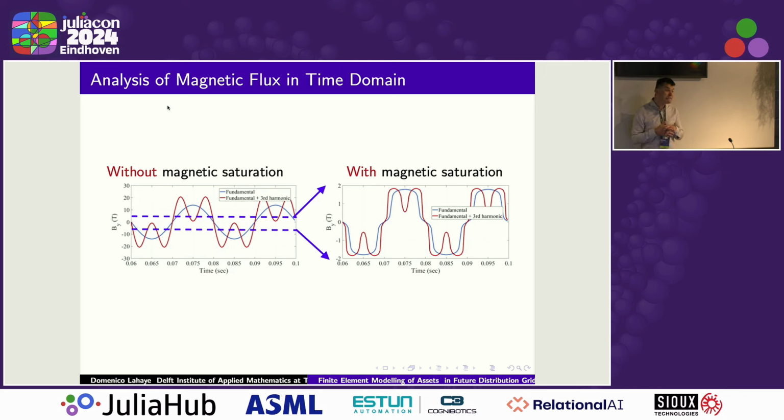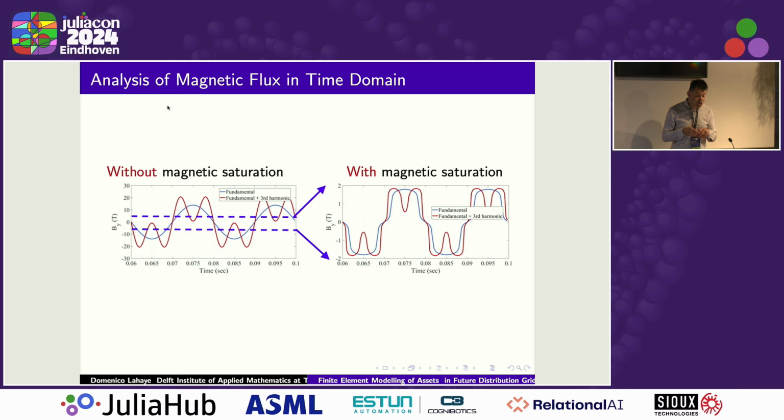One issue is the fact that with these new devices, we expect to see higher frequencies in excitation. And what they're trying to simulate here is the effect of the higher frequencies on the operation of the device.